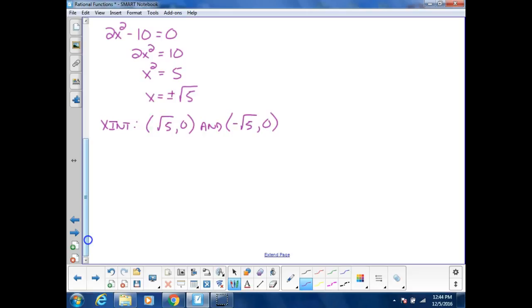Now, I'm just estimating here. The square root of 5 is bigger than 2, because 5 is bigger than 4, and smaller than 3. It's closer to 2, so I think we can guesstimate it at about 2.2-ish.